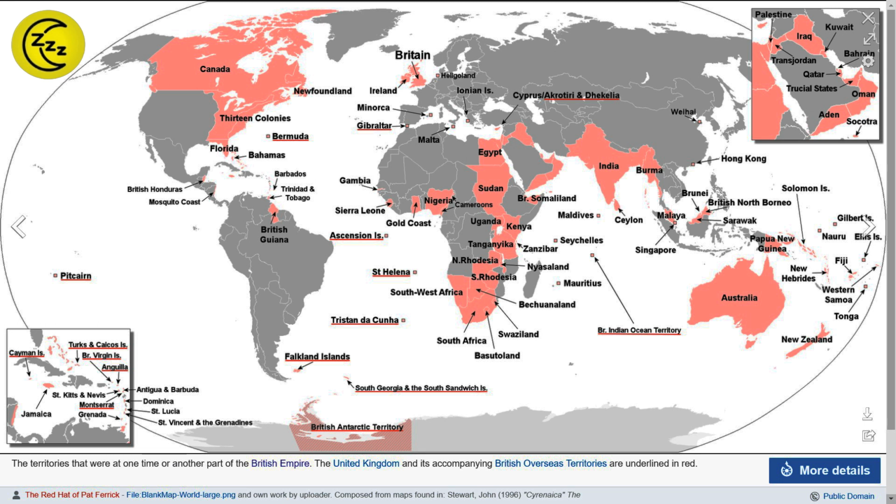The idea of limited self-government for some of Britain's colonies was first recommended for Canada by Lord Durham in 1839.